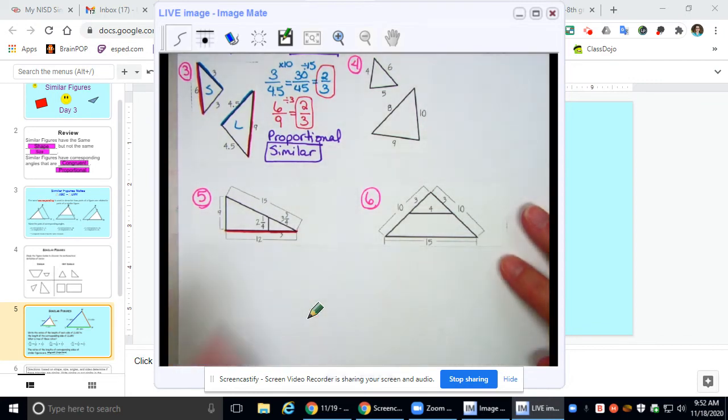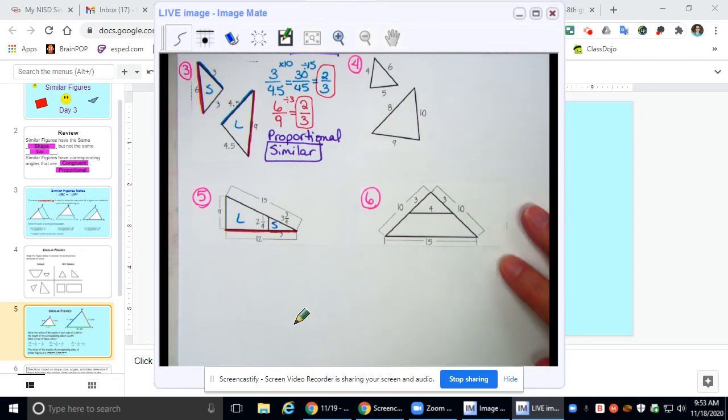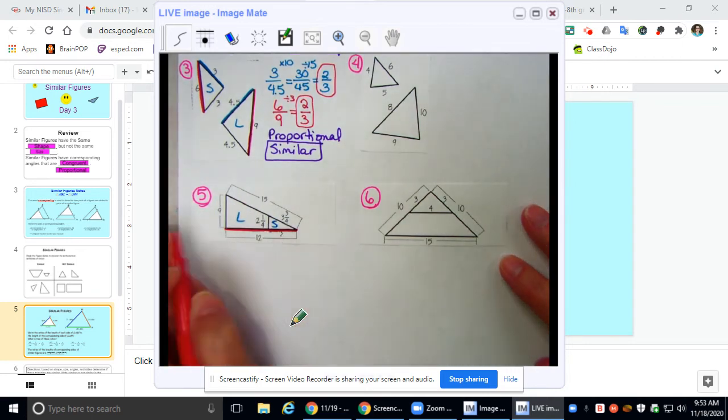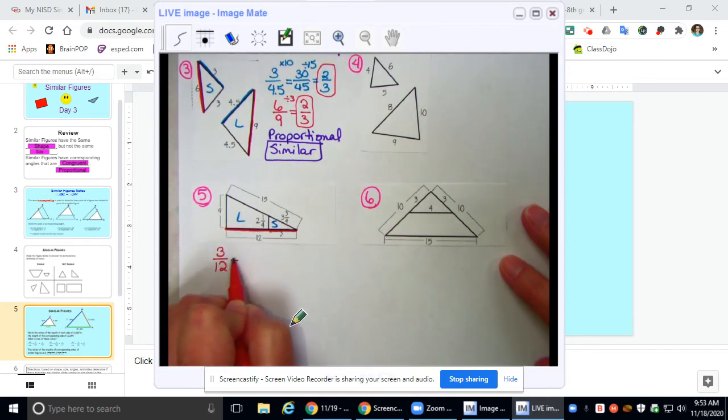If we do small to large, this side right here for the small triangle is a 3, to large is a 12. When I simplify by 3, I get 1 to 4.